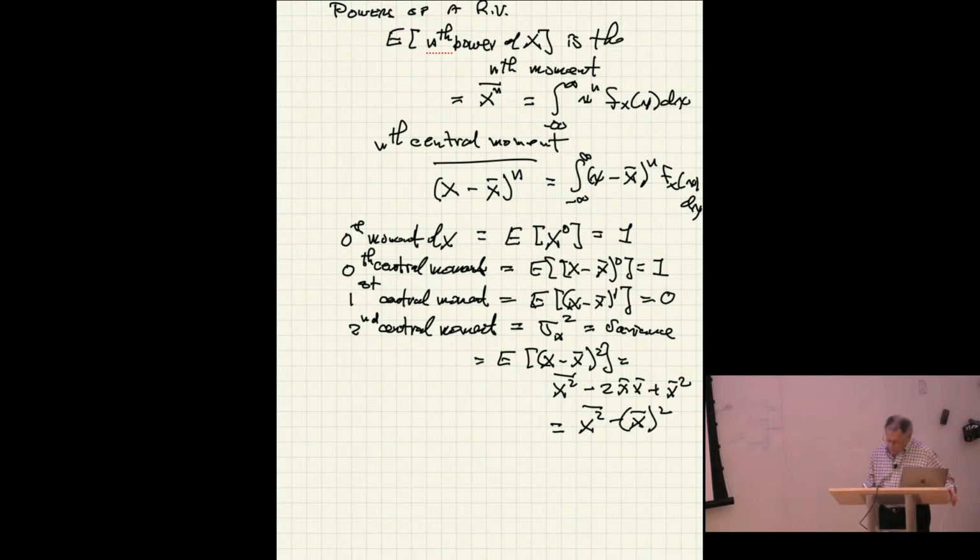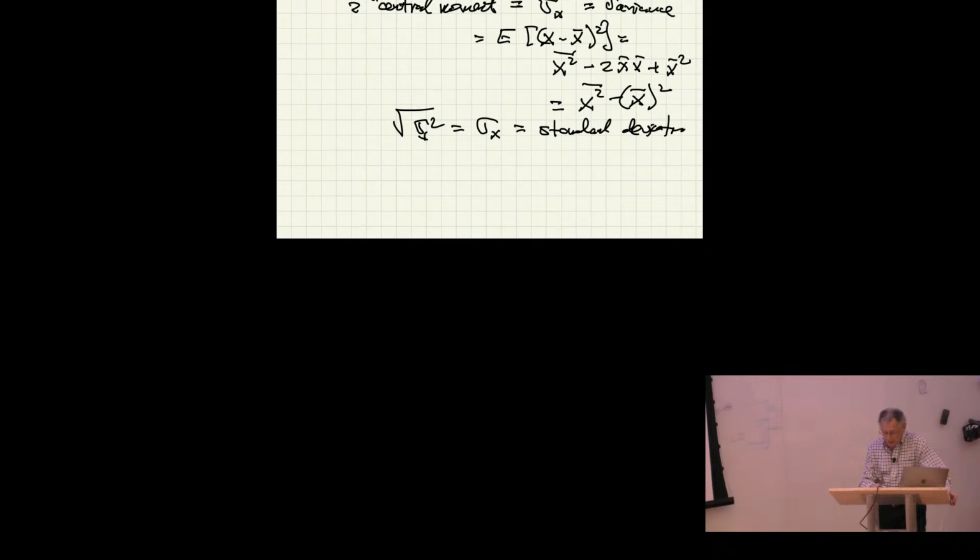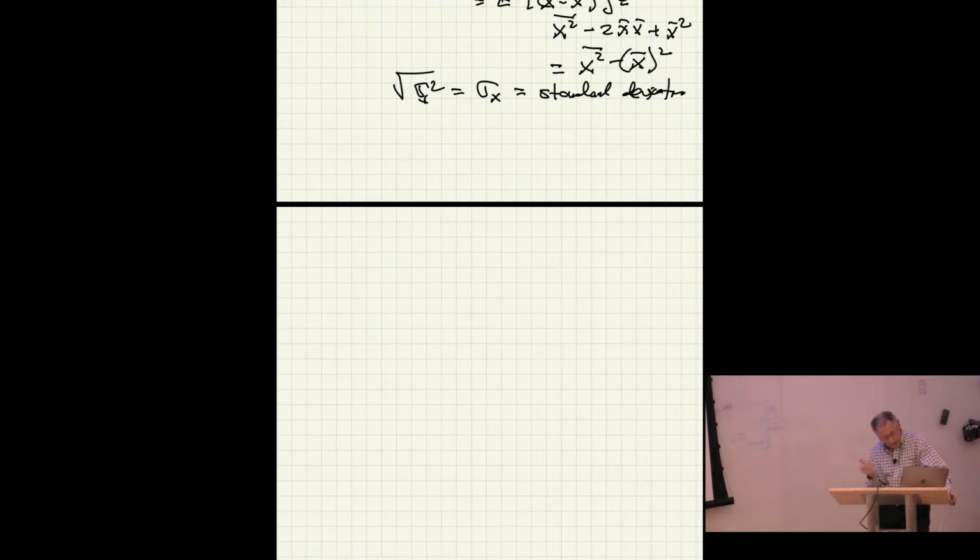The square root of the variance is simply sigma sub x. And what do you call that thing? Anybody know the name? I hear it. Standard deviation. And it's a measure of how spread the random variable is about its mean. There's something else you probably have never heard of.